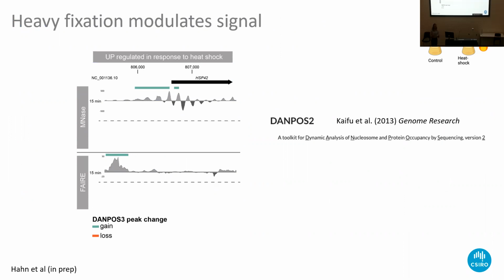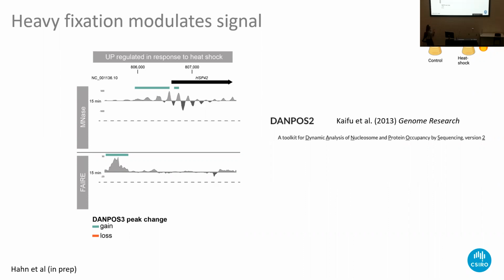When we apply the DANPOS model, looking at differences in signal between heat shock and the control samples, what we see is a signal of differential gene expression. Under normal fixation conditions, upstream of a very highly upregulated gene, which here is a heat shock protein, this is what differential peakiness looks like in an MNase assay.